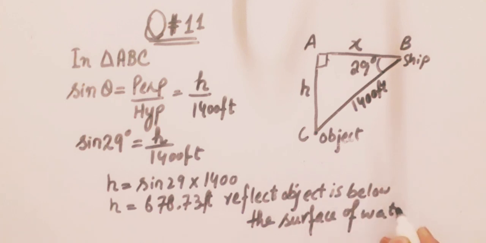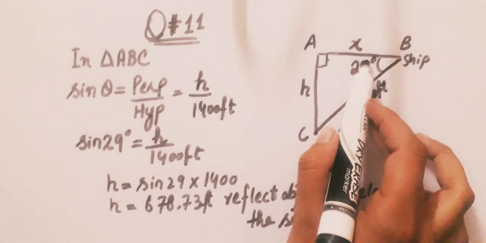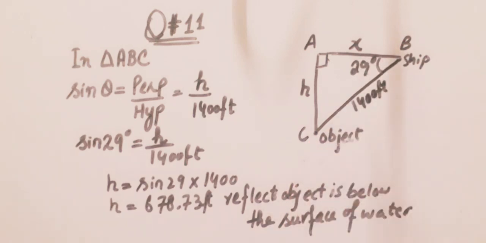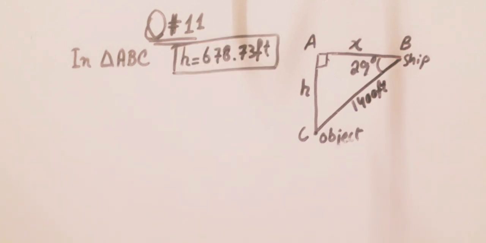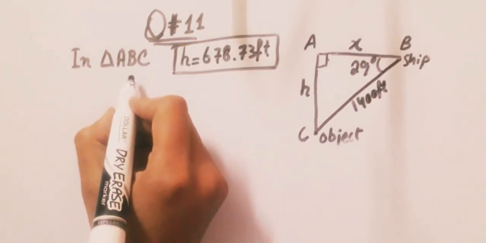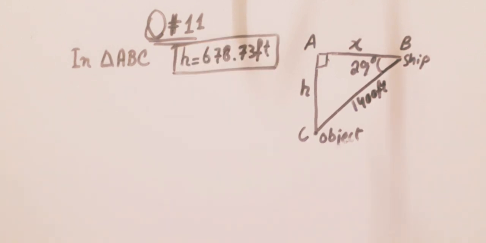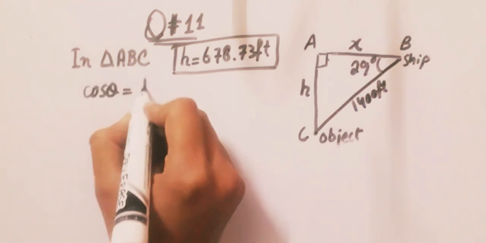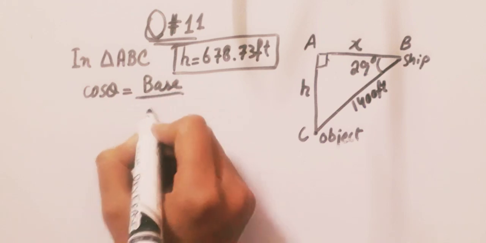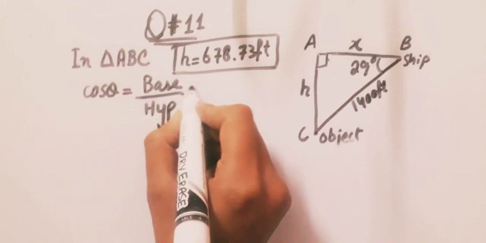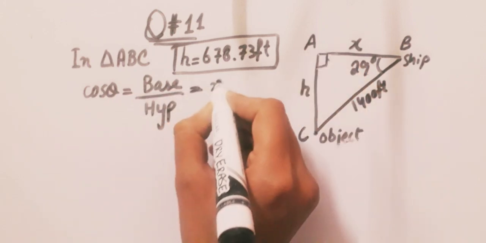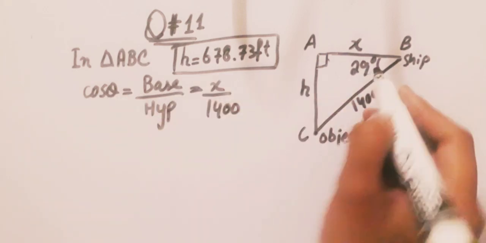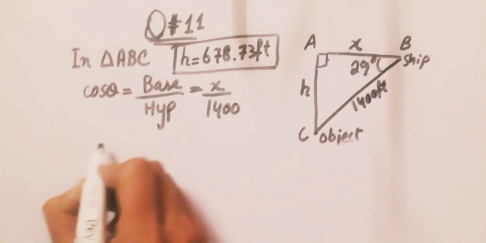Now you will find the horizontal distance x by using the trigonometric ratio of cos theta. Now you will write in triangle ABC, cos theta is equal to base by hypotenuse, and the value of base is x, and hypotenuse is equal to 1400 and theta is equal to 29 degrees, which is the angle of depression.